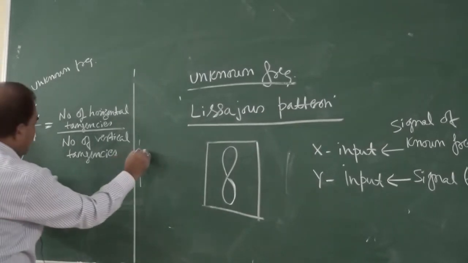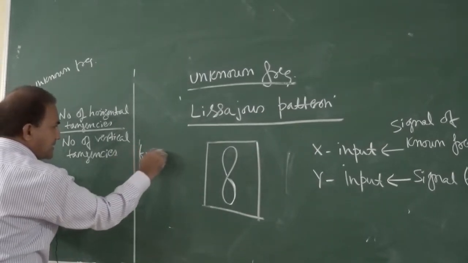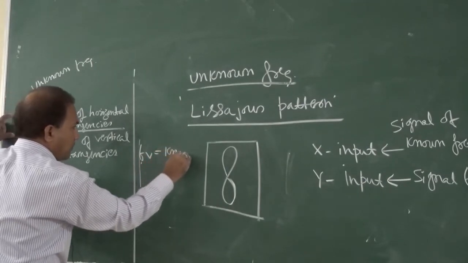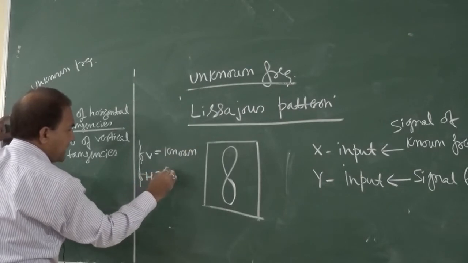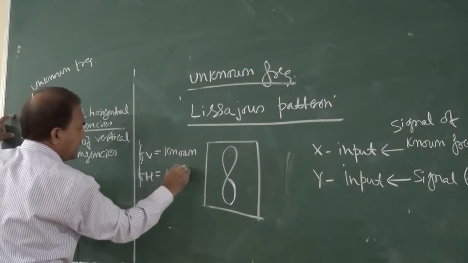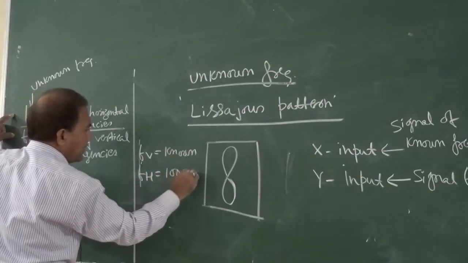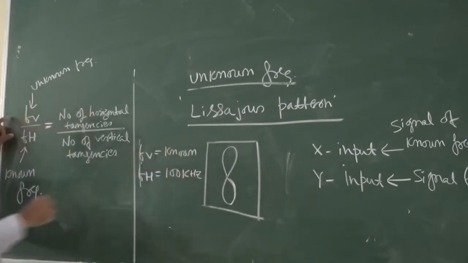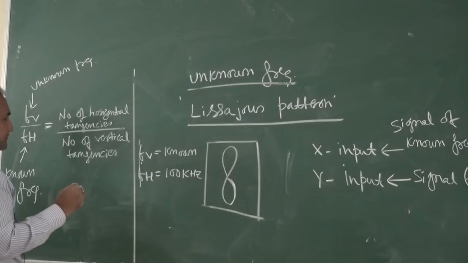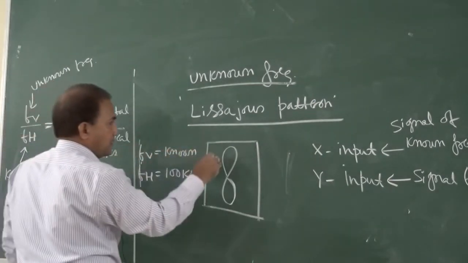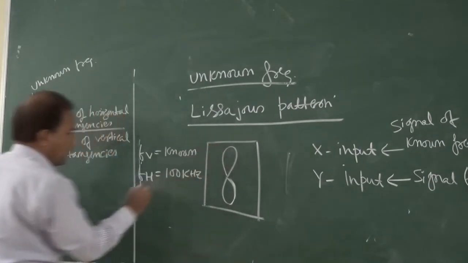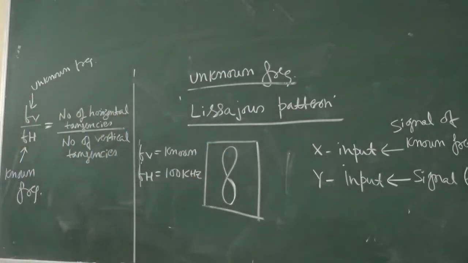So if FV is unknown, FH is say 100 kilohertz, and the pattern is like this, how can we determine the unknown frequency?